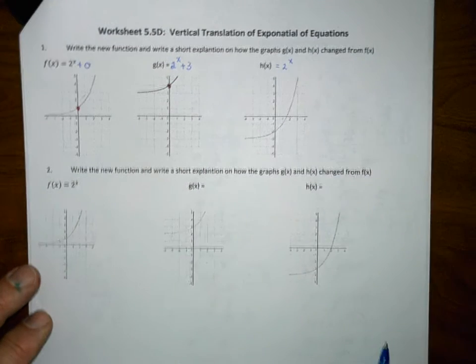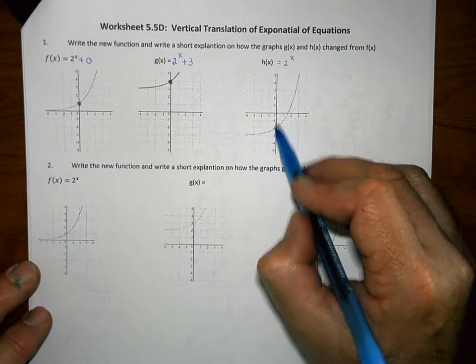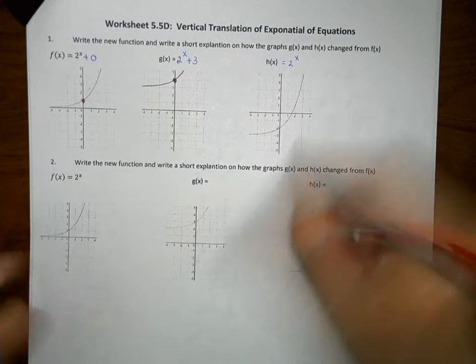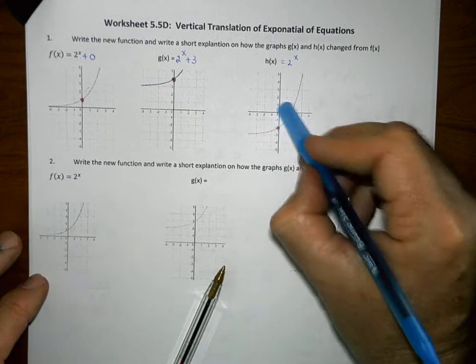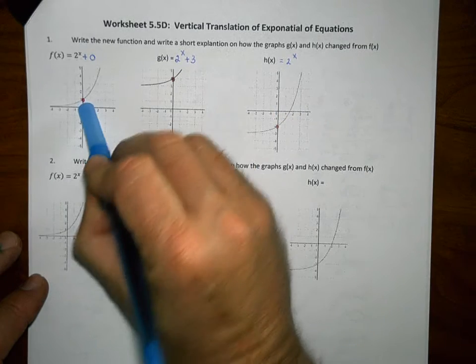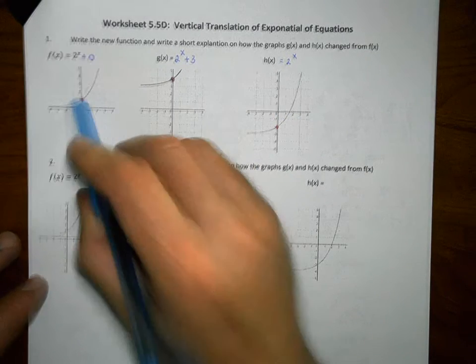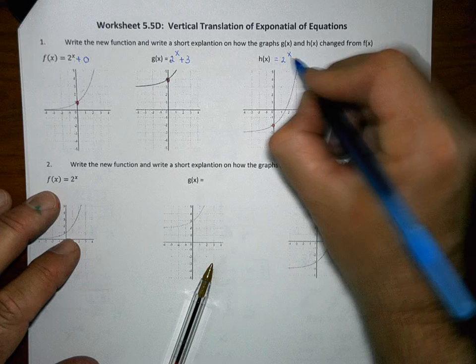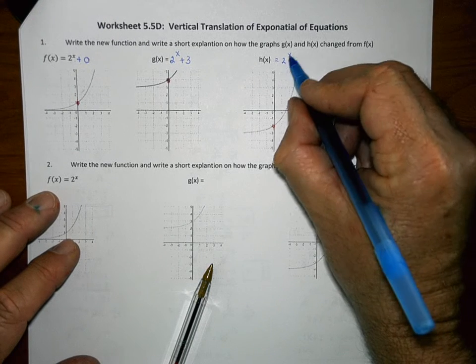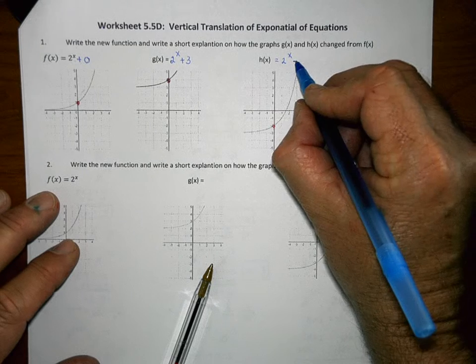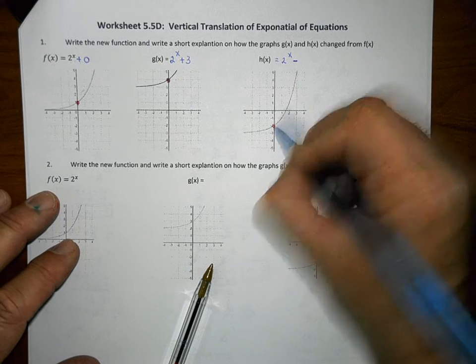Same idea with h of x, except we can see h of x's y-intercept is at -2. The graph was shifted down with respect to the very first graph I was given. So since the graph was shifted down, I'm going to put a subtraction sign after my exponential function, and then it went down 2.